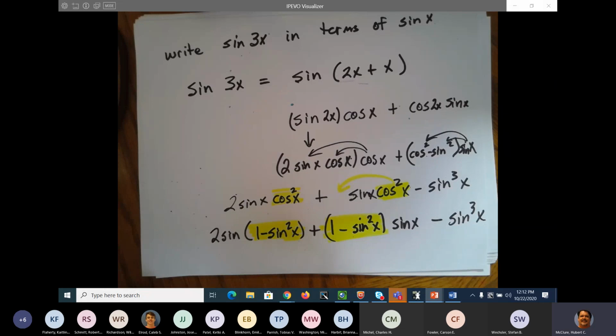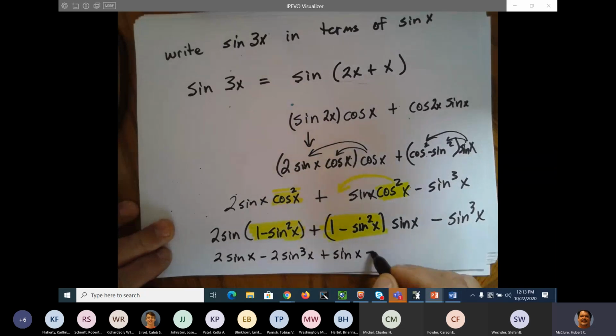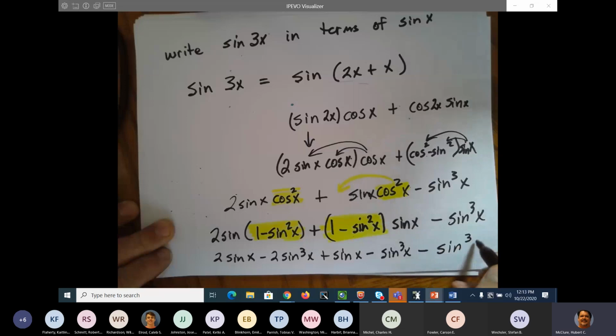And now we can combine like terms after we distribute this one. So we're going to distribute this one, and we're going to get sine cubes and all this other stuff. So that's going to be 2 sine of x minus 2 sine cubed of x plus sine of x minus sine cubed of x minus sine cubed of x.